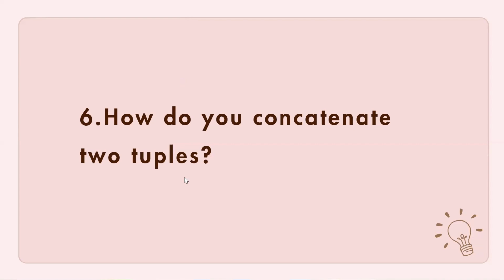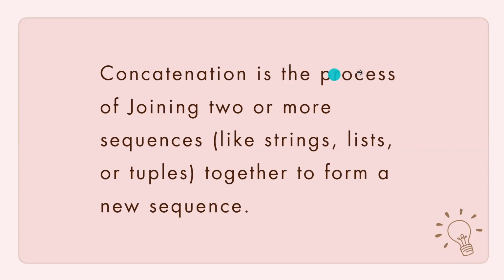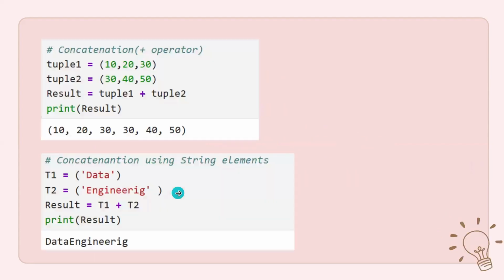So here, how do you concatenate two tuples? Let's see the answer right now. Concatenation is the process of joining two or more sequences like strings, lists, or tuples together to form a new sequence, right? So here is the example of concatenating a tuple with a tuple. Concatenation means we are using the plus operator.